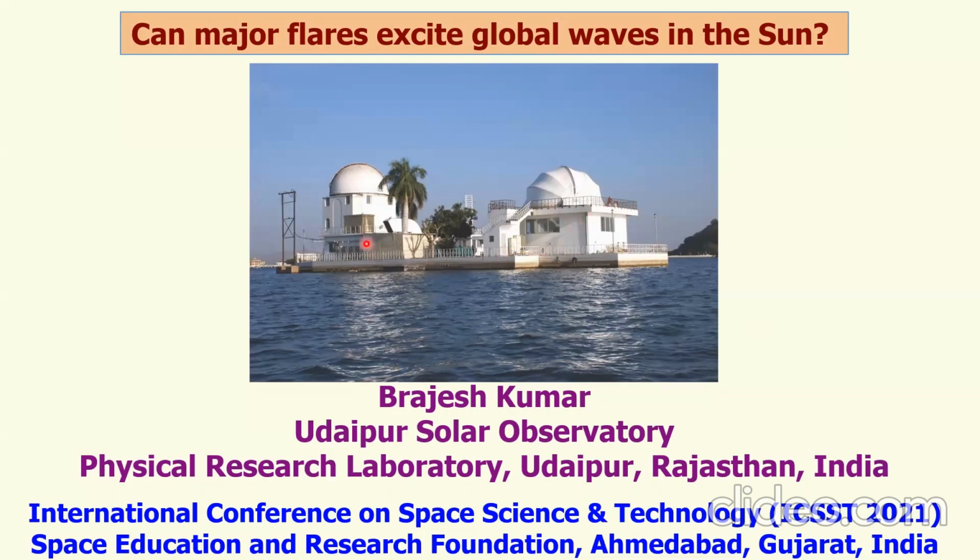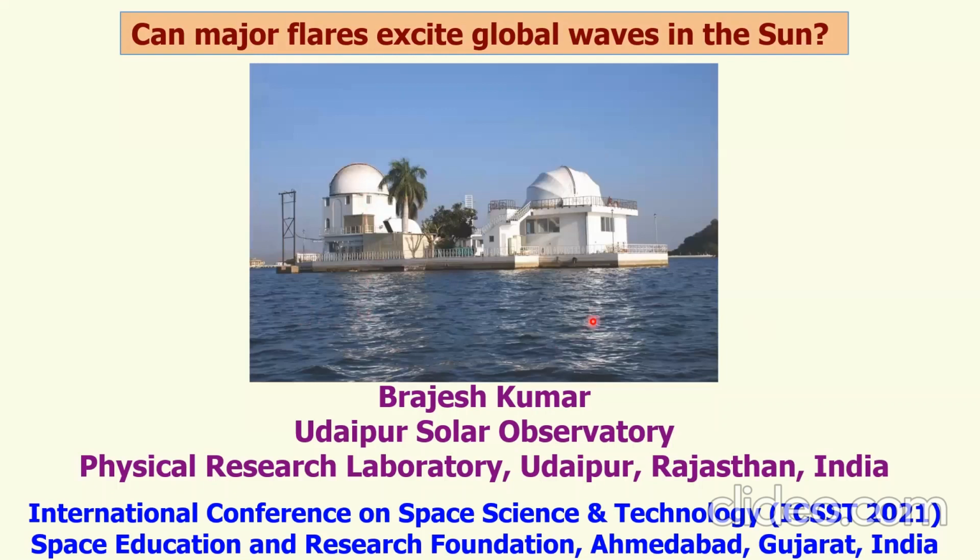And this dome houses another telescope, which is an old telescope. And this telescope is known as the SPAR telescope, which has been used for long for observing solar activities.